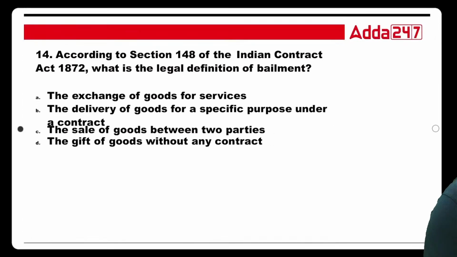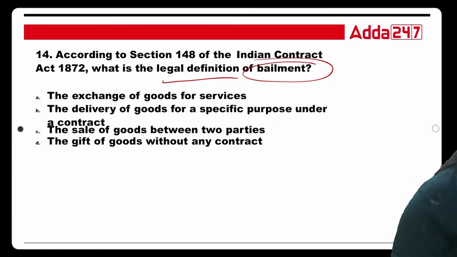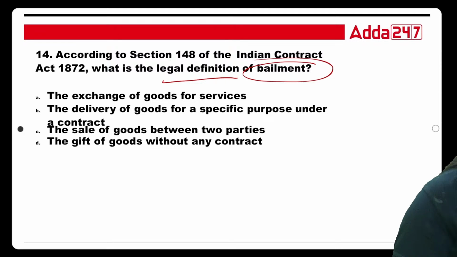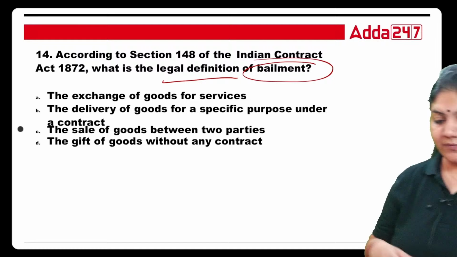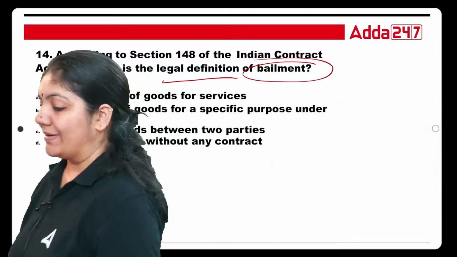Next, according to section 148 of the Indian Contract Act, what is the legal definition of the term bailment? Exchange of goods for services, delivery of goods for a specific purpose under the contract, the sale of goods between two parties, or the gift of goods without any contract. So what is the right answer for the contract of bailment?